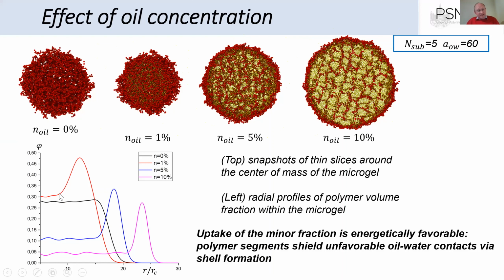Then we see some collapse of the microgel with the formation of the shell. And then we have swelling of the microgel if we increase the concentration of oil further. But in all cases, the shell is stable. So the driving force for the migration of oil into the microgel is just the reduction of unfavorable contacts.